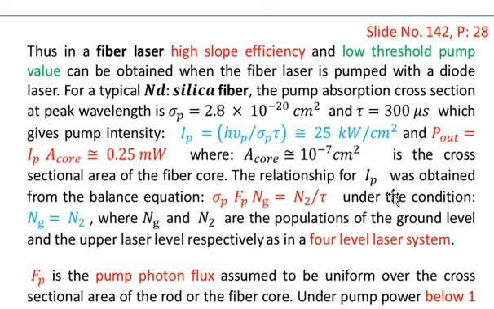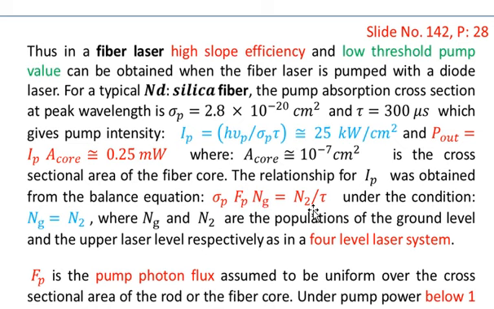The relationship for Ip was obtained from the balance equation, and this is the balance equation: the absorption and the emission will be equal at balance. That is why we write the balance equation.